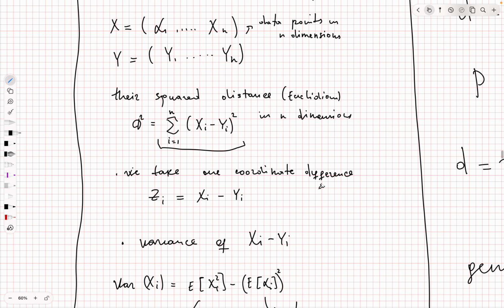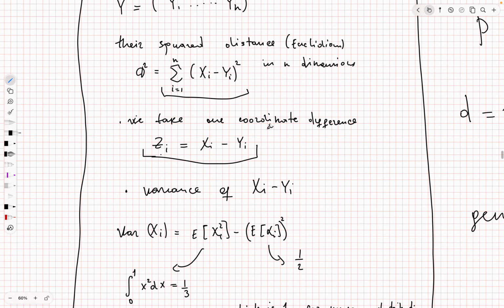Then we'll look at the difference x1 minus y1, or x2 minus y2. And then we're going to try to analyze the variance of this. How do we get the variance of this expression here, the difference in one coordinate?